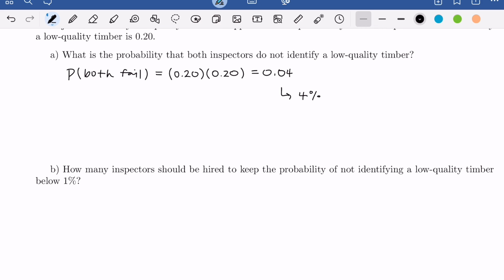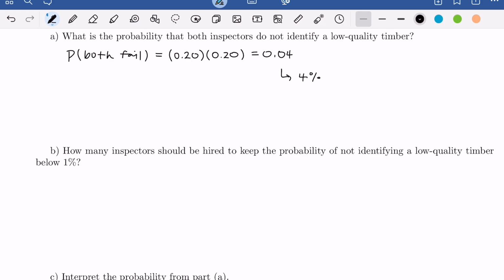All right, now for part B, how many inspectors should be hired to keep the probability of not identifying a low quality timber below 1%? So from part A, we know that if we just have two inspectors, clearly that's not going to be below 1%. So what we're going to do in this case is we're going to check three. So we're going to say the probability that three fail.